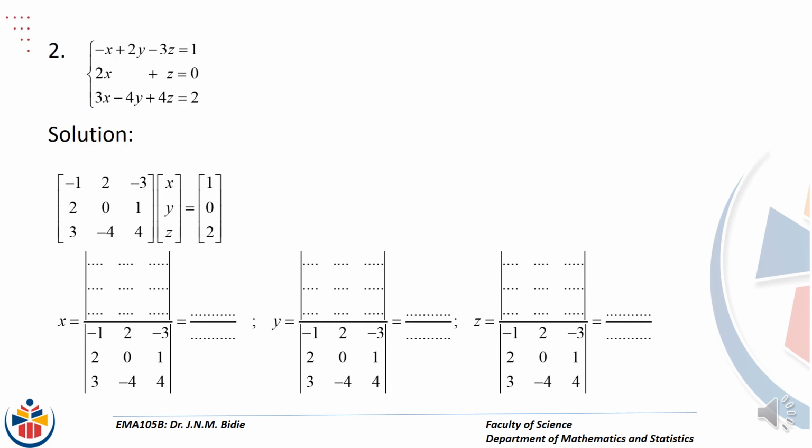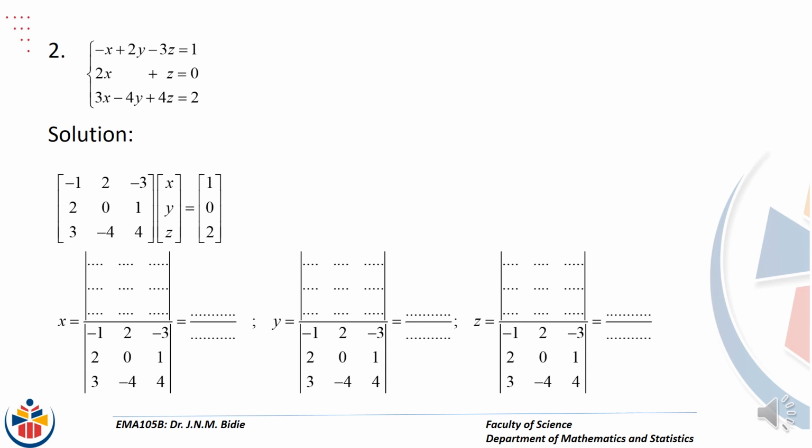Number 2, we have now a 3x3 system. First things first, change to matrix form, and then thereafter, note that the determinant of A is in the denominator of all three variables. The only change we find is in the numerator.